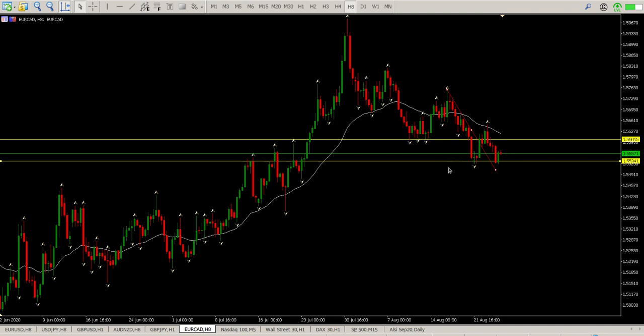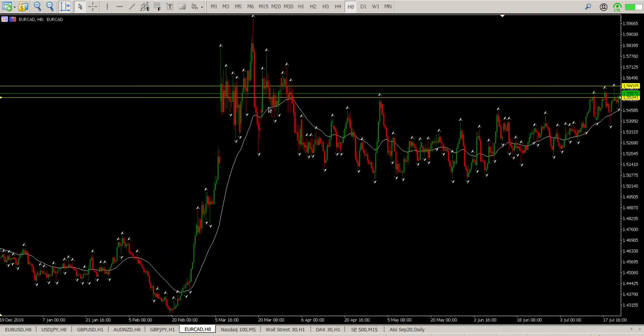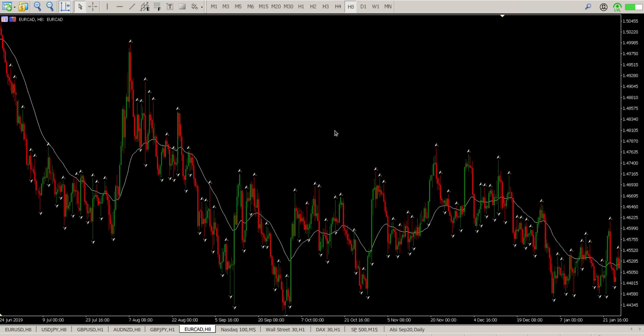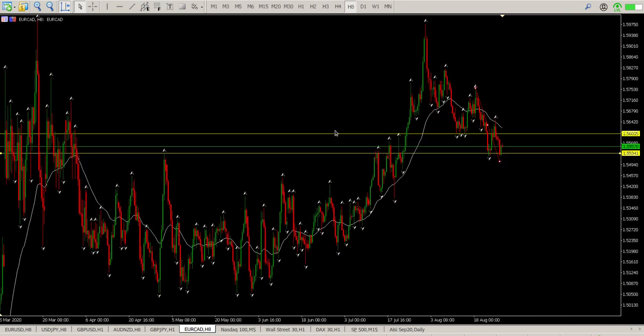Looking at the euro dollar, I would say this is a pullback, just from a euro perspective, but let's have a look here. We've got a level here, and this is a pretty strong level. There's your previous breakouts, and we've flirted with it, and there is some interaction with it in the past as well.